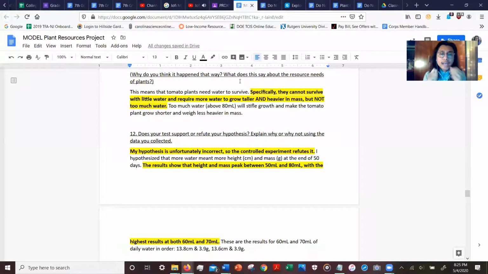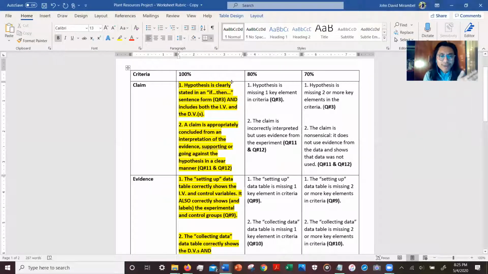And did I use that evidence and my interpretation of that evidence to support or refute my hypothesis? That is also there in number 12. I said my hypothesis was incorrect, so I refuted it. And I explained why it was incorrect using the evidence and what that evidence means, which is an interpretation of that evidence. So it's legit. The 100% I gave myself on the claim is the correct score that would be given.